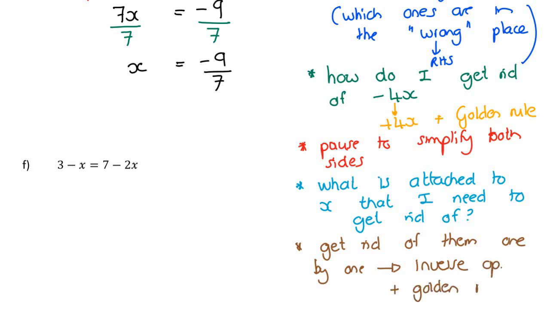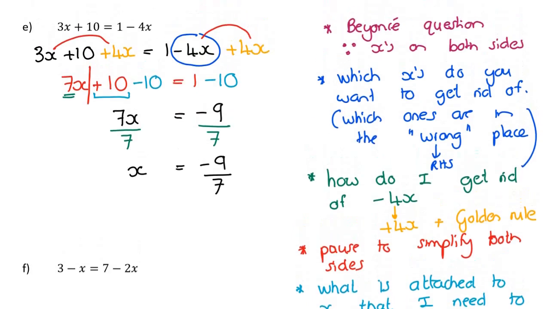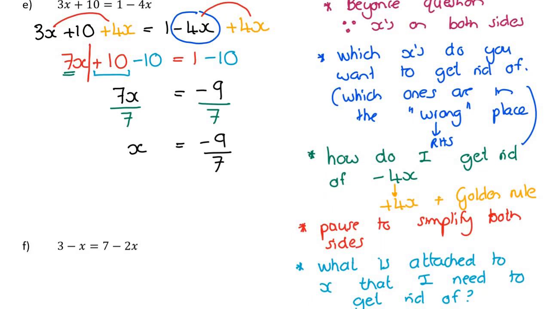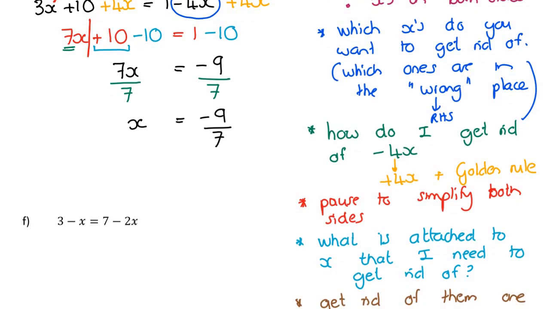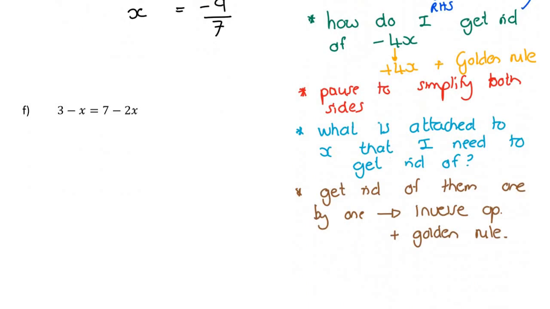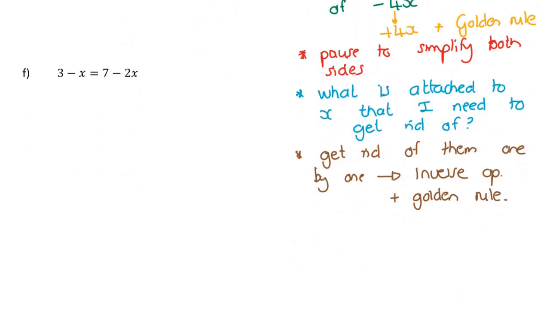I haven't written comprehensive notes on that because that was more video 1. So these are hopefully our comprehensive notes on x's-on-both-sides type questions. Identify the x's that you don't want in that place and get rid of them, but don't forget the golden rule. Okay, now let's try these steps in our next question.